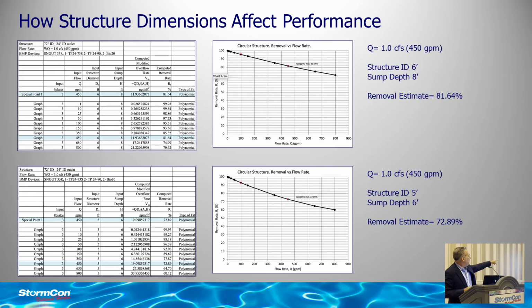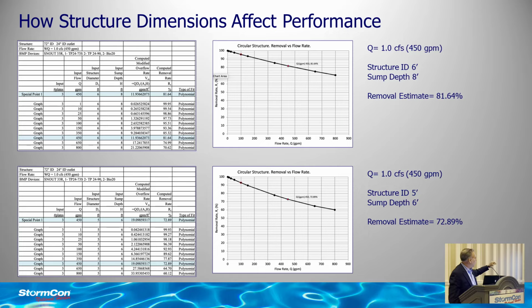So these are just some examples of how, using just 1 CFS flow, structure depth and structure ID have an impact. For instance, at 1 CFS, a structure that has a 6-foot ID and an 8-foot depth could yield an 81.64% removal rate.